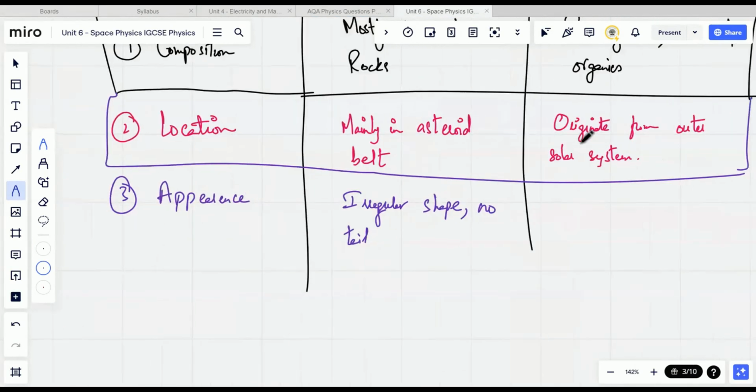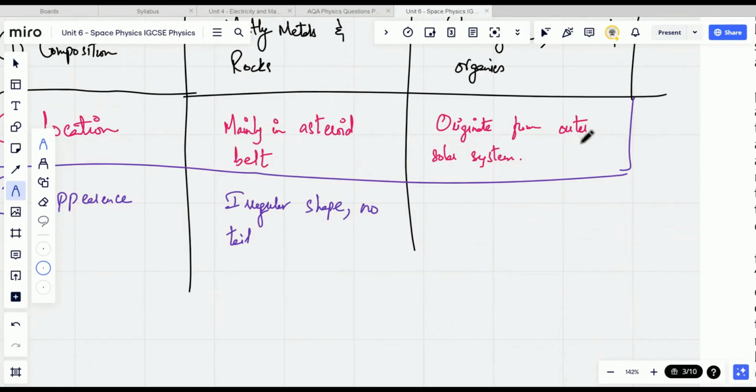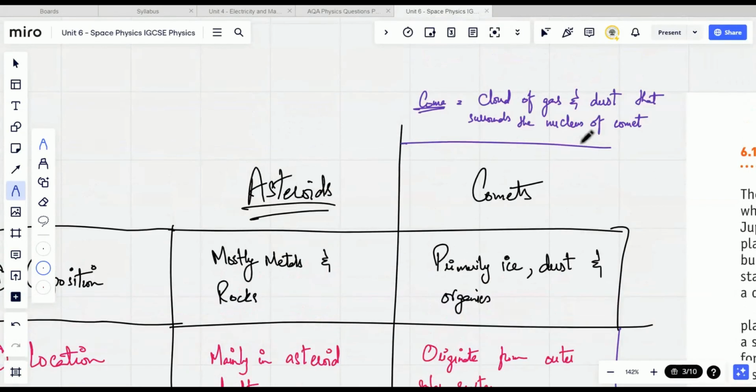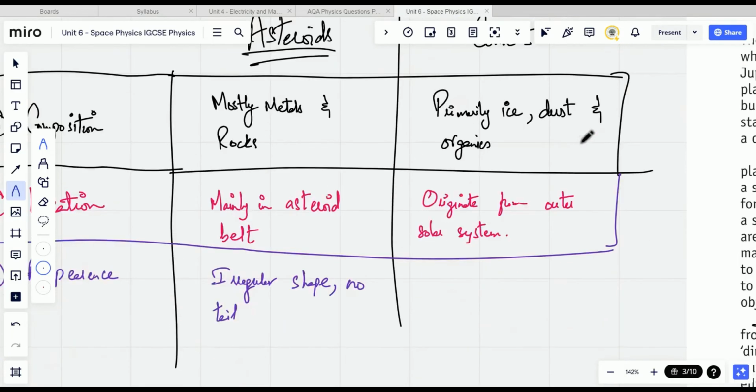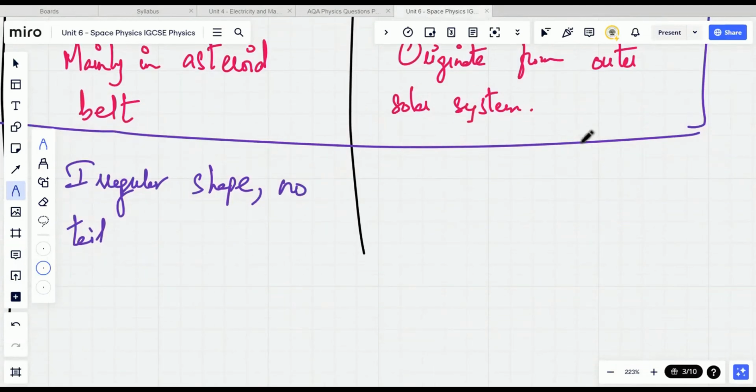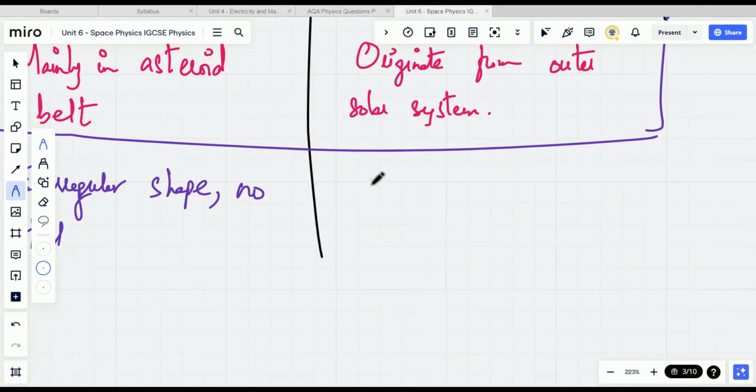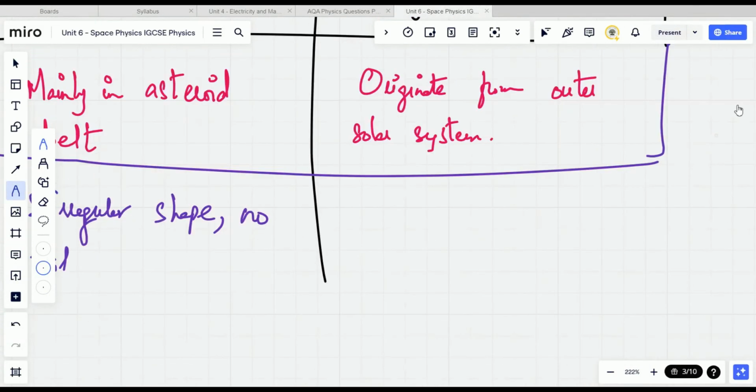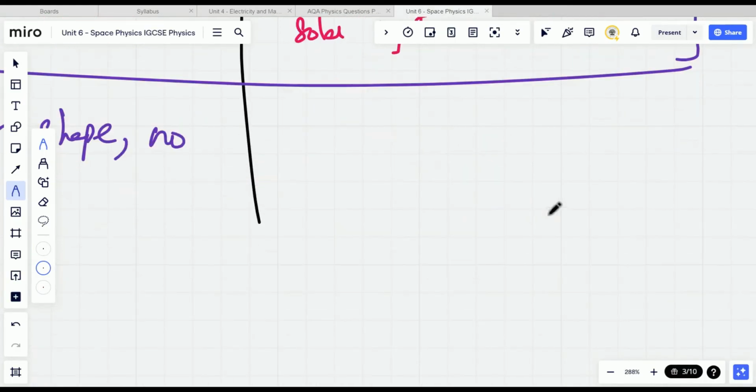So when I talk about the appearance, I would say that it has a very bright coma. What does coma mean again? It has a very bright cloud of gas and dust around it. Got it? They have a bright coma. Now you're familiar with the word coma.